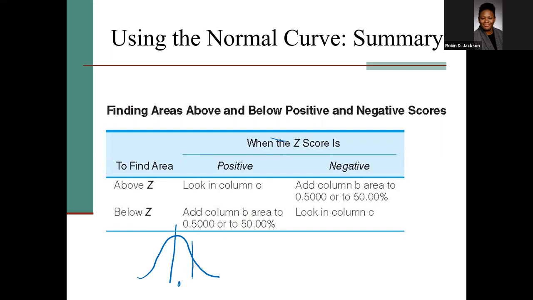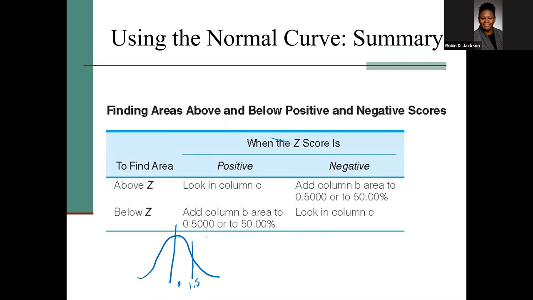Whatever it is, positive, that means it's on this side of the mean. Let's say my Z-score is 1.5, and I want to know everything beyond that 1.5. I look at column C.